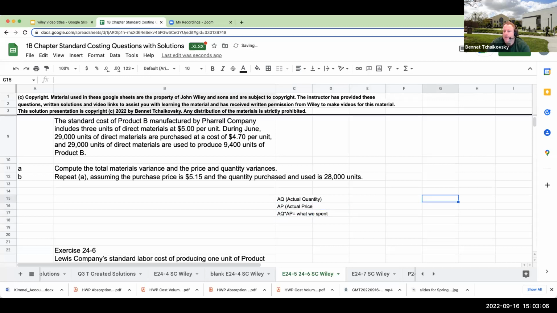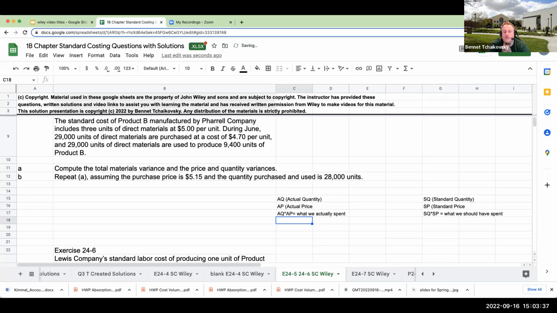Now over here, I take the SQ, the standard quantity, and the standard price, SQ times SP. This is what we should have spent. So we're going to call the first one what we actually spent.